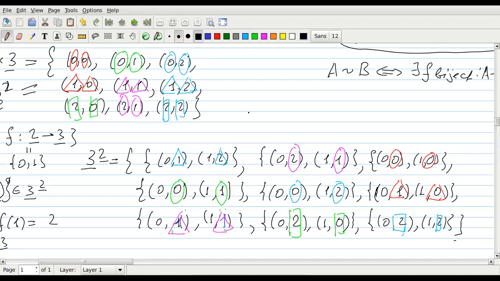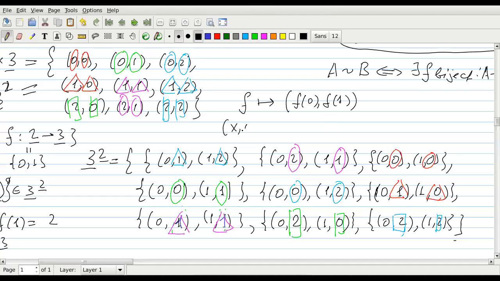What was the main idea? If we have a function, we put the following ordered pair to it. Is it clear? Yes.